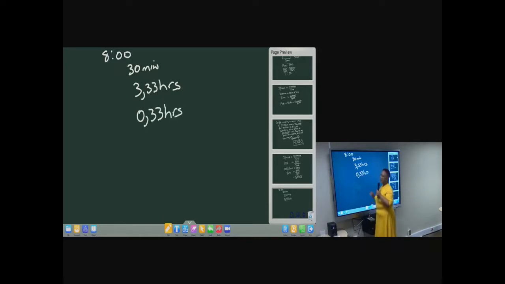That is what you have. Then what you do is change this 0,33 hours to minutes. You will multiply by 60, and then round off. So they've got 0,33 times 60.